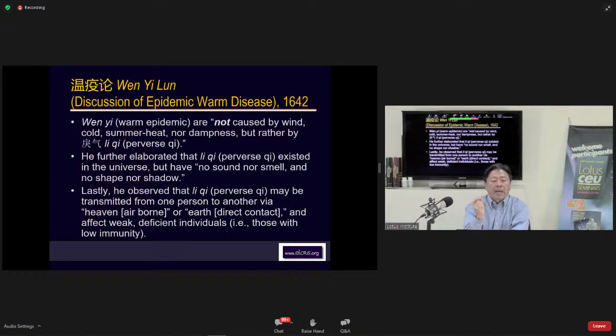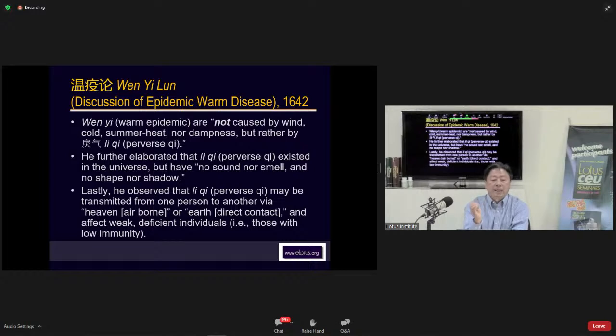And he further elaborated that this Li Qi, perverse qi, exists in the universe, but has no sound, no smell, no shade, and no shadow. Okay. From what we know today, he is obviously describing the microorganisms, whether it's bacteria or virus. But back then, they did not have microscope, so they obviously cannot see what it is, all right? But basically, it's a disease factor that you cannot see, you cannot smell, you cannot taste.